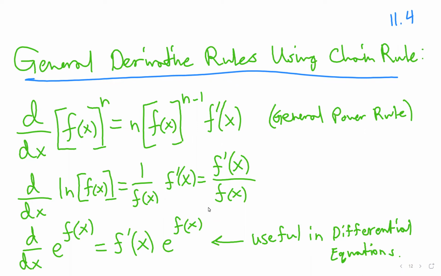We can also do the derivative of e to the f of x, where some function f of x has been embedded inside of the exponential function. You'll usually see this with f of x being a polynomial of some sort and trying to solve for what comes out of that. The rule in this case is f prime of x times e to the f of x.